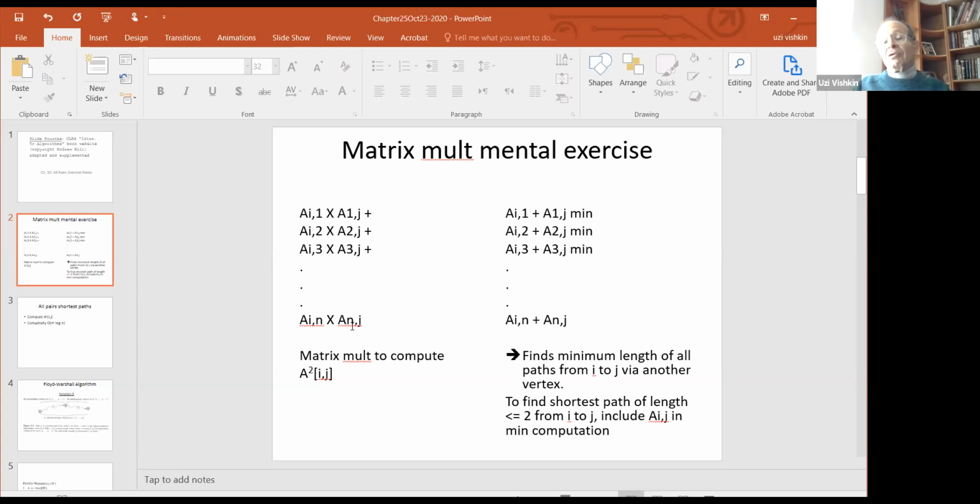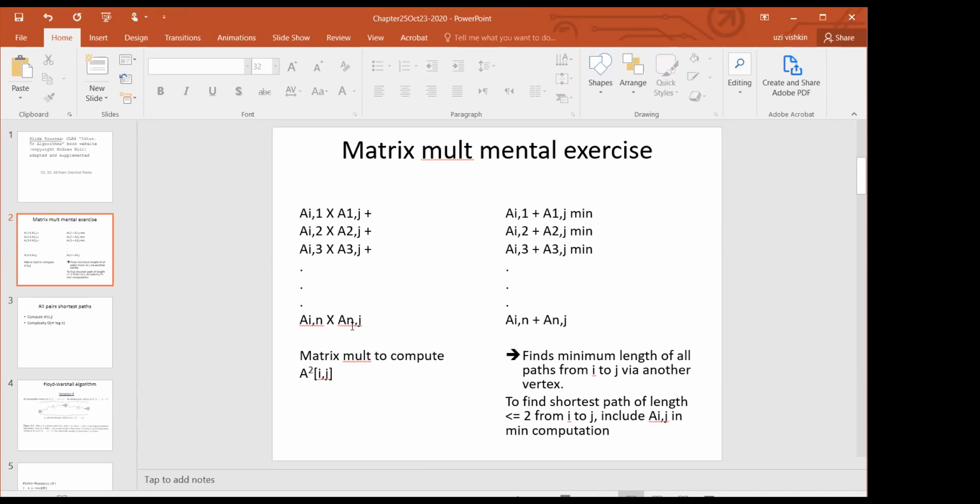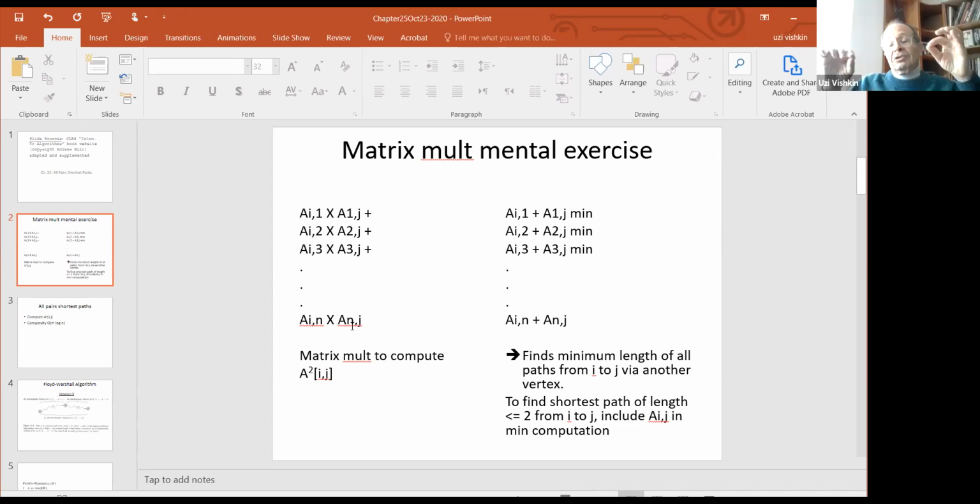So what can I do in order to figure that out? I'm at vertex i, I want to go to vertex j. I can either go directly, if there is an edge, or I can go through another vertex k, and from that vertex k go to j, right? But I'm not allowed to make a longer route.